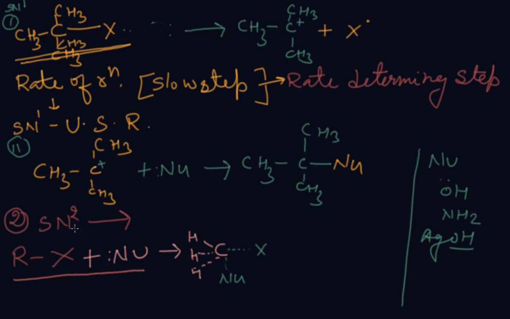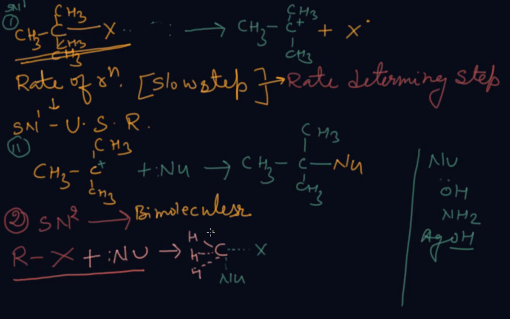That's why this is called SN2, bimolecular substitution reaction, not unimolecular. Bimolecular means the rate of reaction will depend upon two things, alkyl halide and nucleophile.